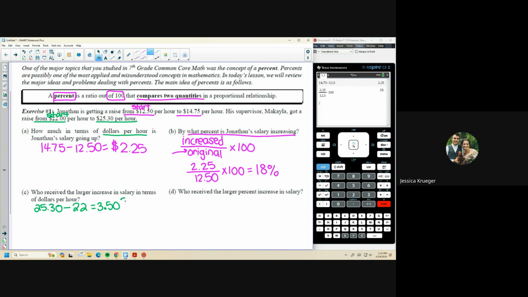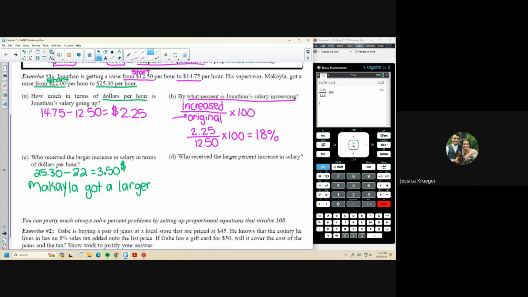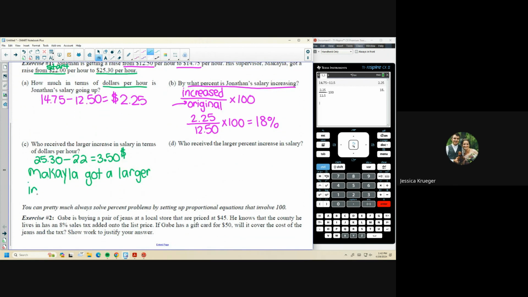So when we look at the amount of increase, Michaela got a larger increase in terms of total money.